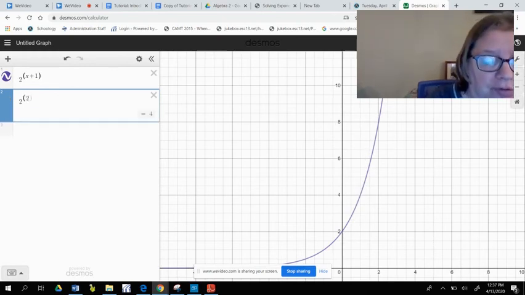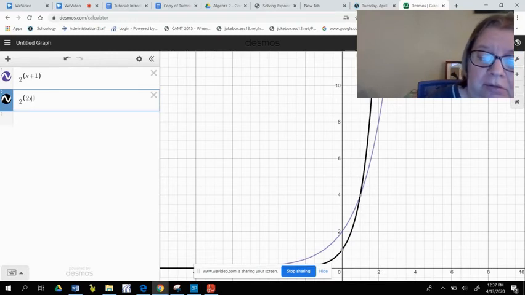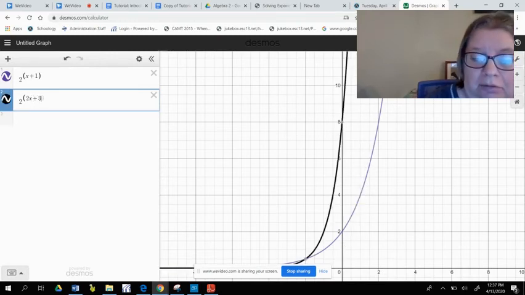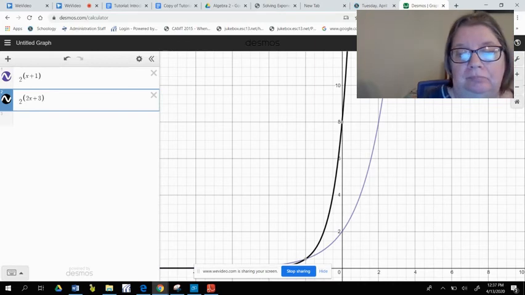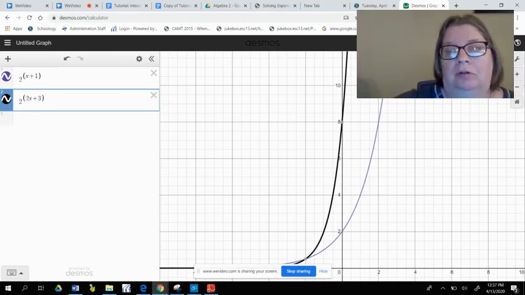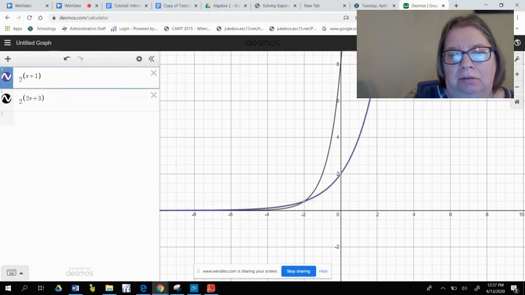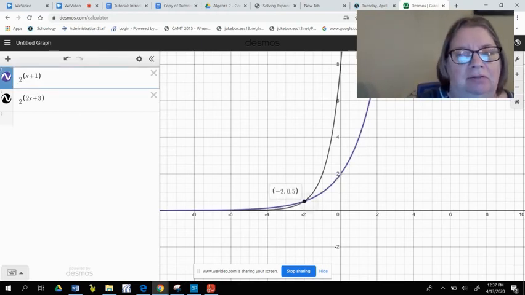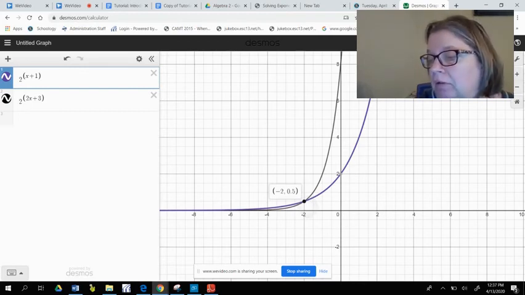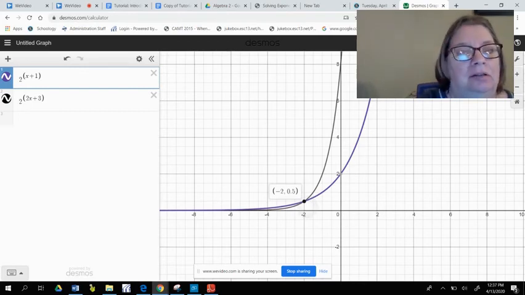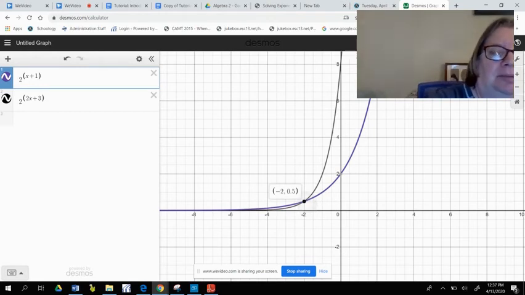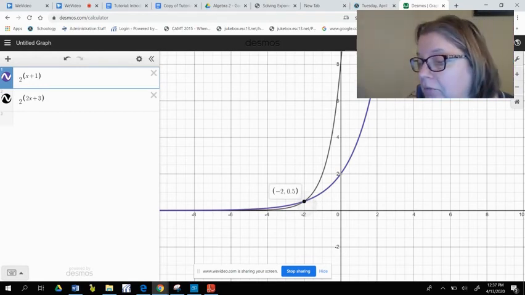Put it in parentheses. Right, and what are we looking for? We're looking for where they intersect. X is -2. Pretty easy if you're graphing. Type them in. Remember to use parentheses to keep that in your exponent. And then find the point where the two graphs intersect. That's number 7. The answer is x equals -2.